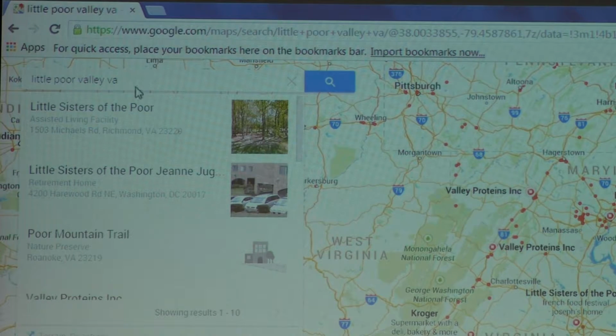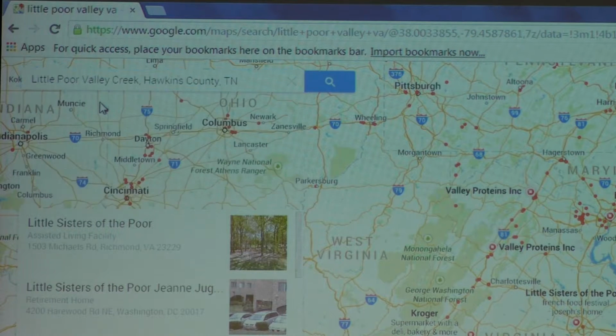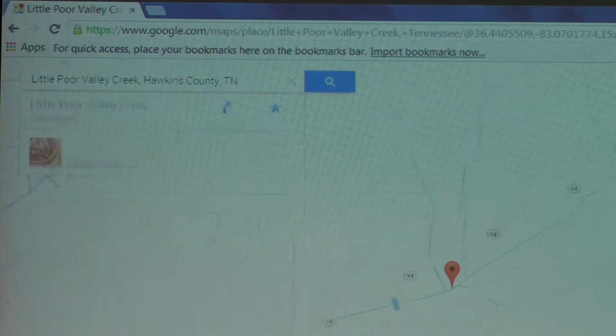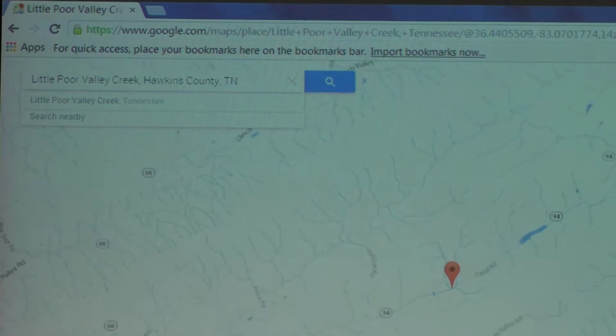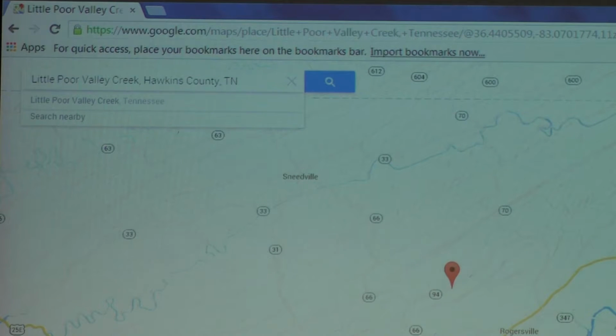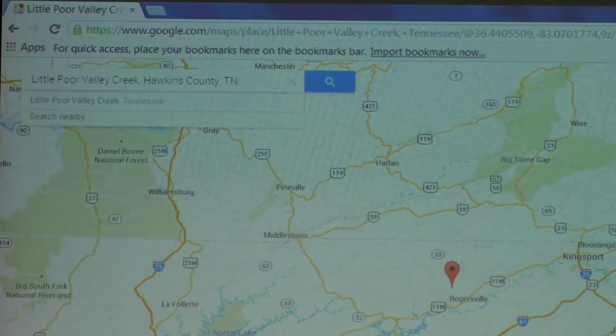So if we just take out Little Poor Valley, the Hawkins County one in Tennessee is the same place. Okay, let's see how close that is to the Virginia line. And of course, what's the time frame here? 1860s? Yeah.